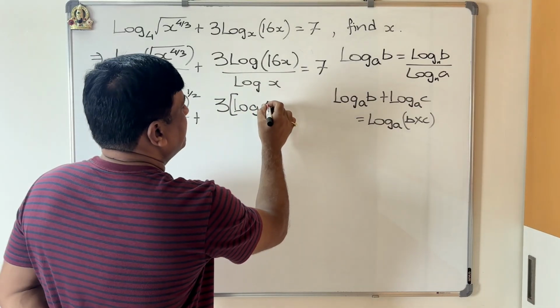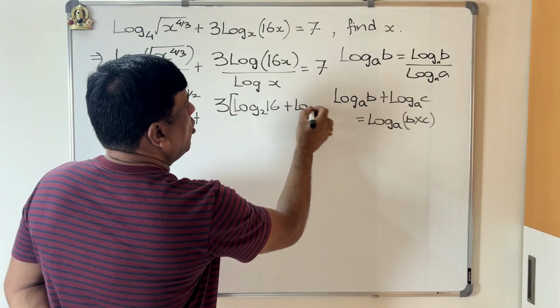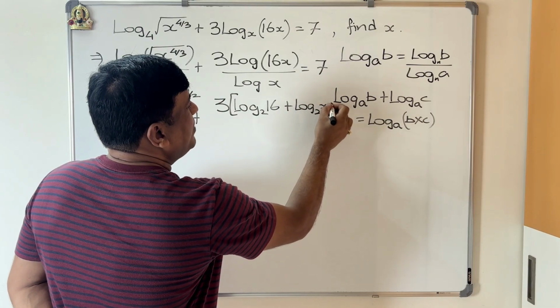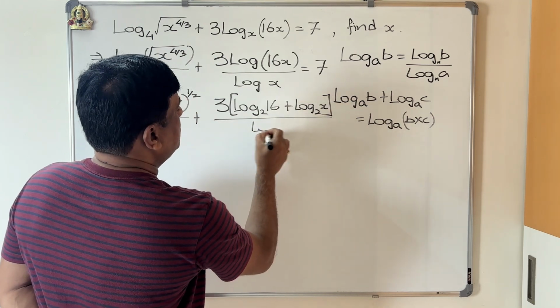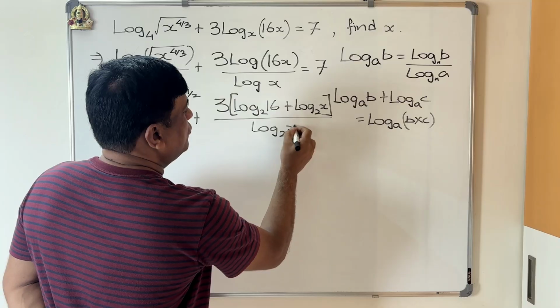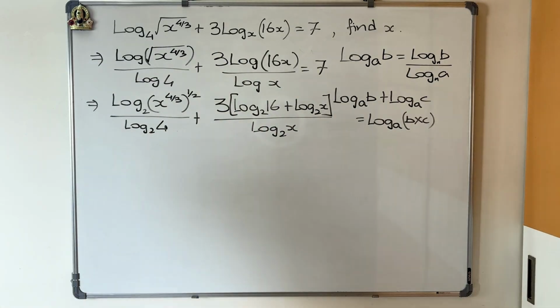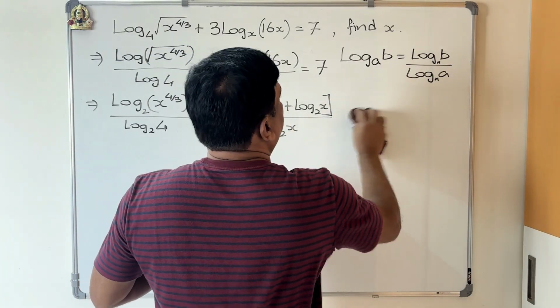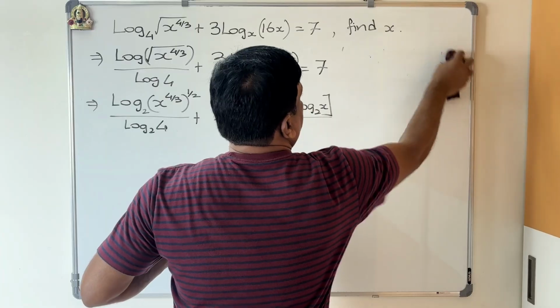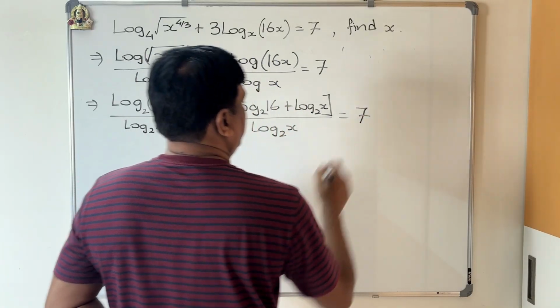I'm going to use the same base. Plus this will become log of base 2 of 16, and this one will become log of base 2 of x. So that should be equal to 7, because you have 7 on the right side. You should not miss that.